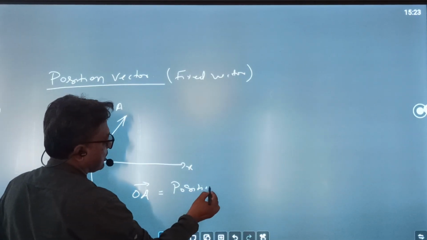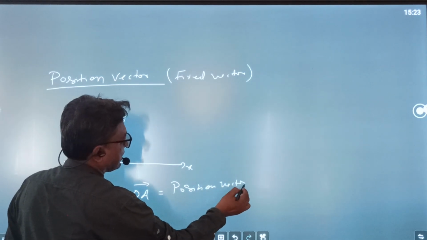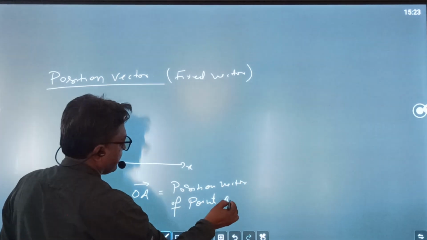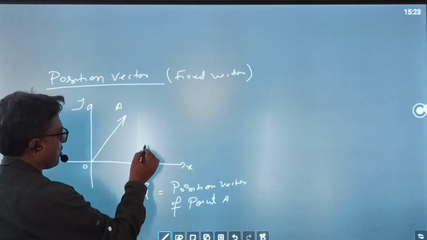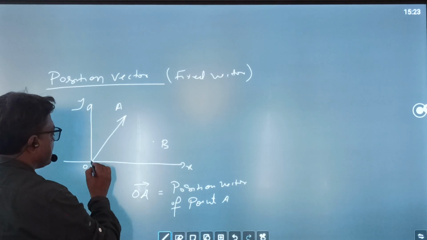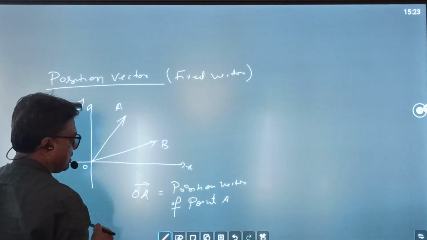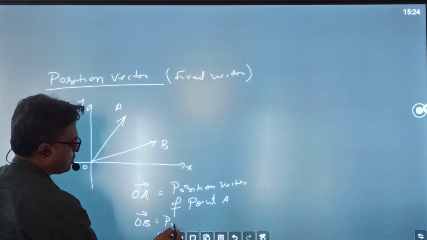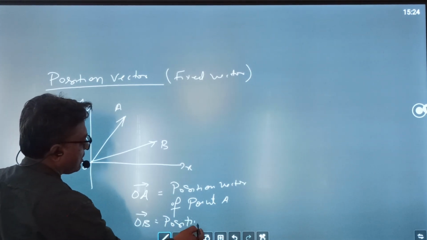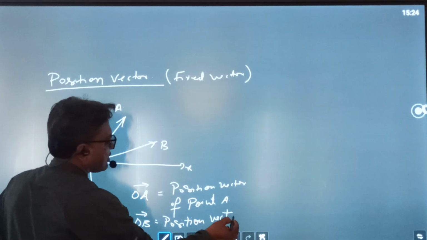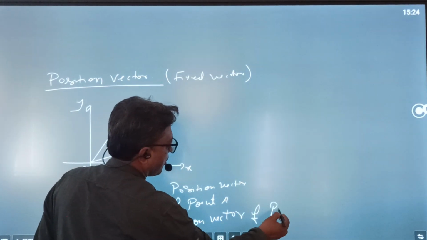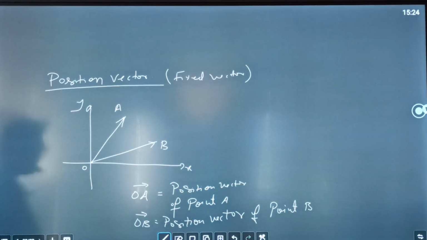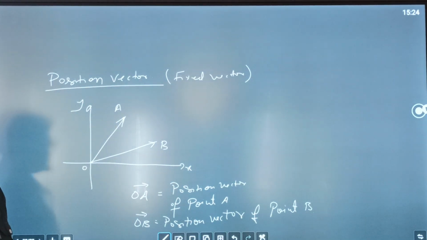Similarly, if we take some other point, let it be B. If I join the origin with B, then this vector OB is nothing but the position vector of point B. So position vector is a fixed vector because its tail is always at the origin.